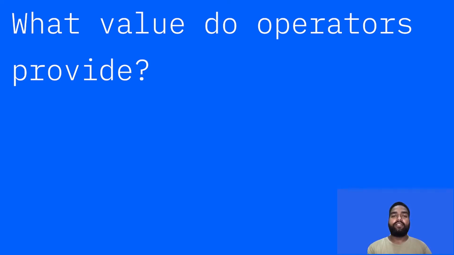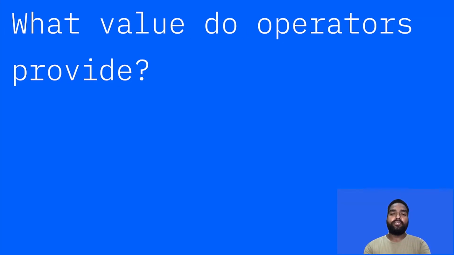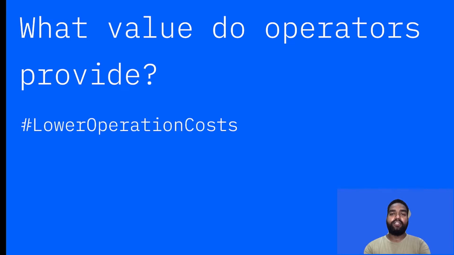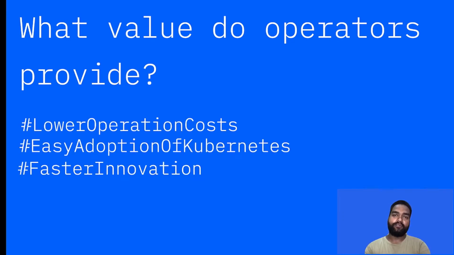Operators also help us eliminate the manual intervention required in operations, meaning no need to have personnel for backup and restore and upgrade or other day 2 operations. So more automation means lower operation cost, easier adoption of Kubernetes and faster innovation.